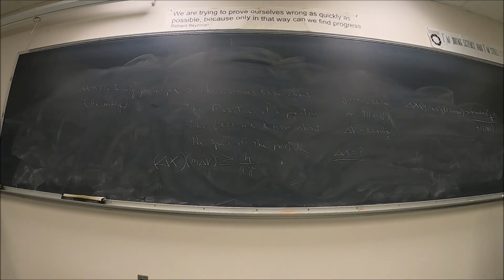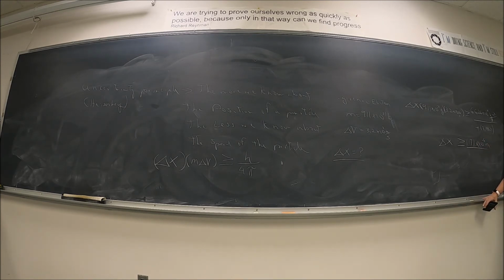So 6.626 exp 34 negative divided by 4 divided by pi divided by 9.11 exp 31 negative divided by 3.2 exp 1 says that my delta x is greater than or equal to 1.71 times 10 to the minus 6 meters.